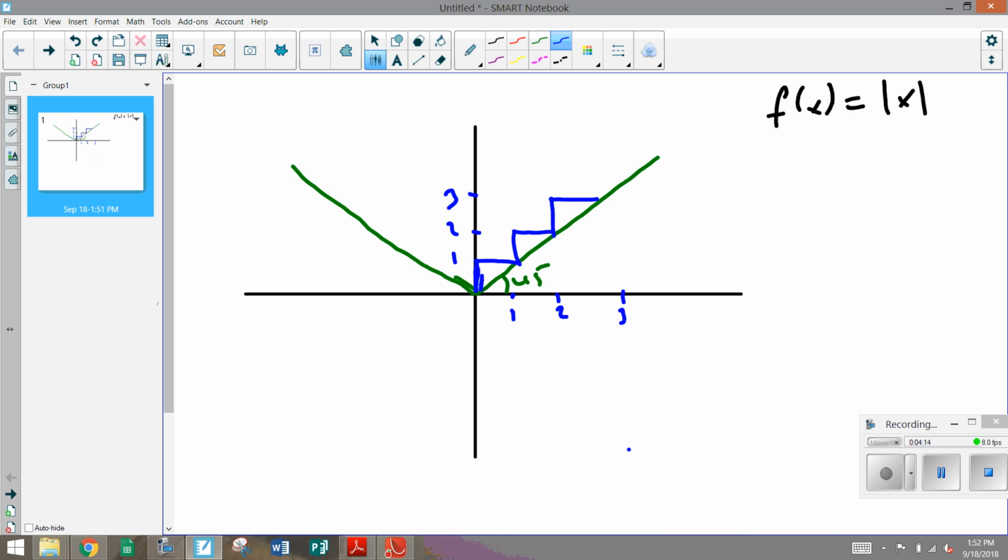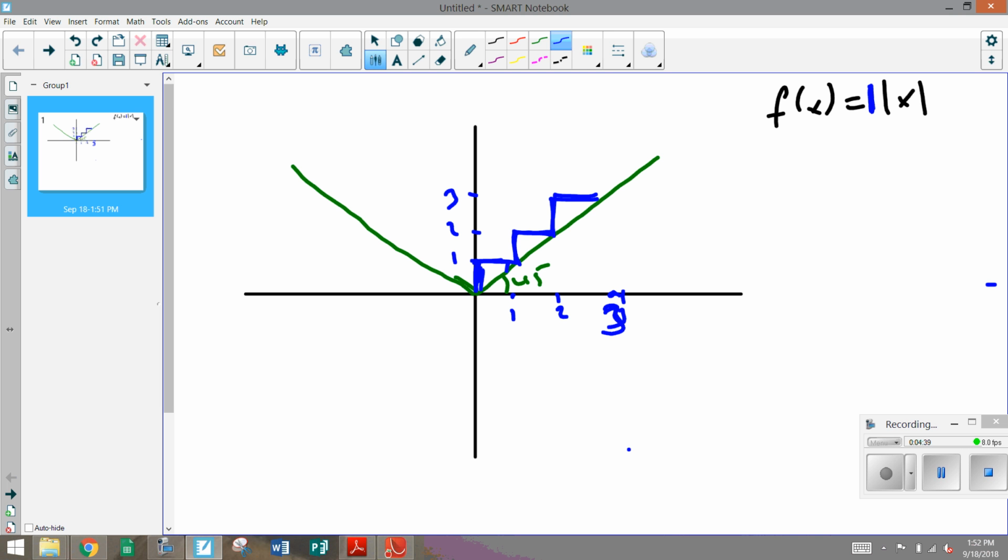Rise how many units, and then run how many units? 1 by 1. It goes 1 by 1. It's kind of hard to draw that, but you will do that better because you have graph journals. And so the slope is 1. So that is represented here as 1, correct? So this is the absolute value parent function.